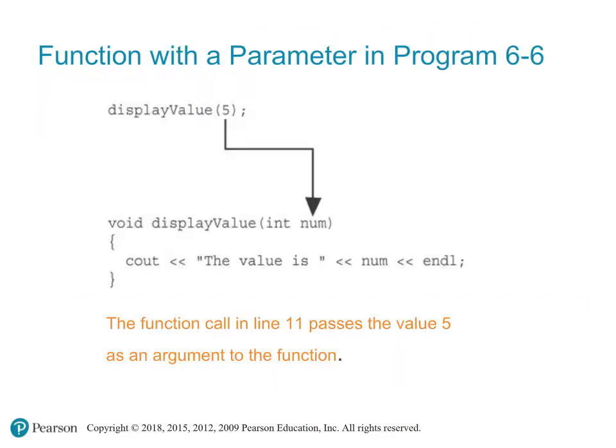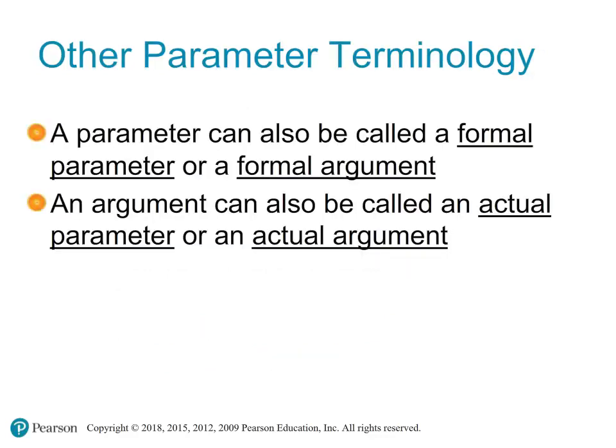Again, inside main, when we make a function call displayValue(5), the control will go to the function definition, and 5 will be passed to the parameter num. When the cout statement in the displayValue function finishes execution, the control will go back to the main function, resuming the statements after this function call.